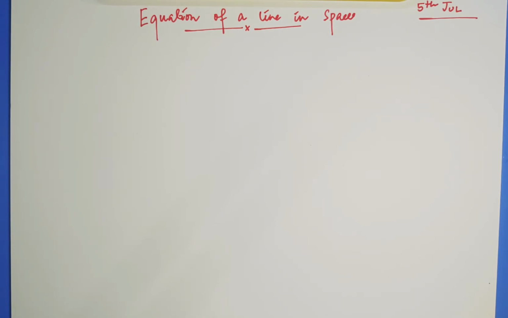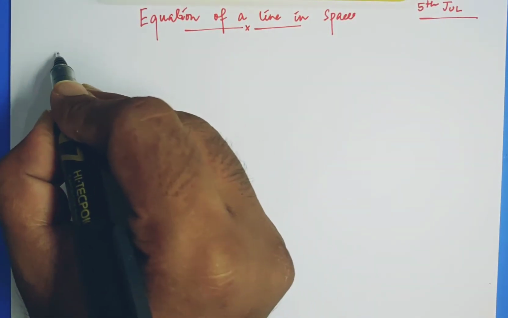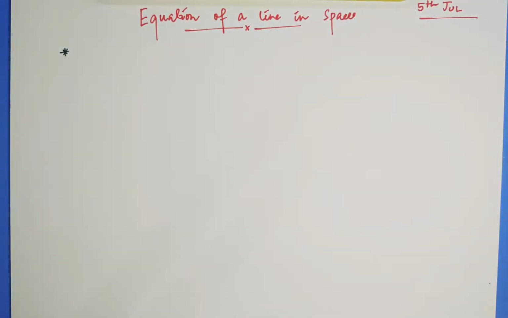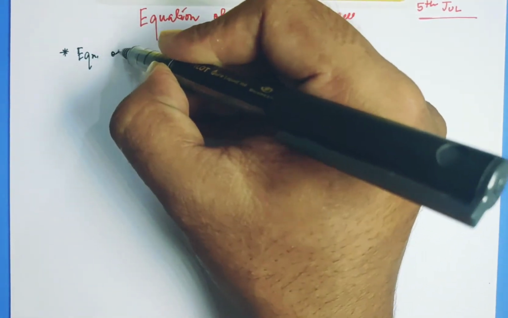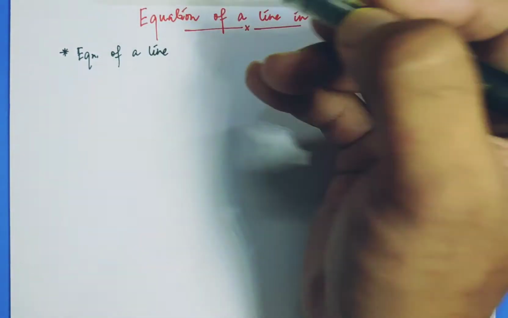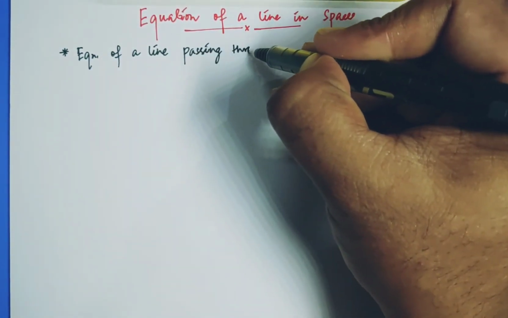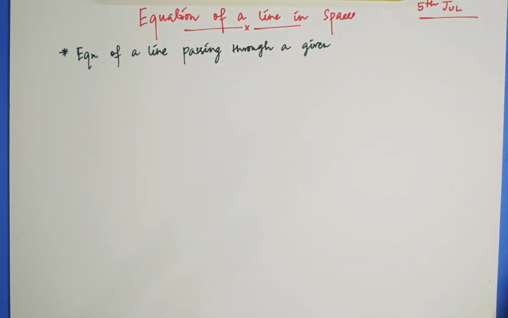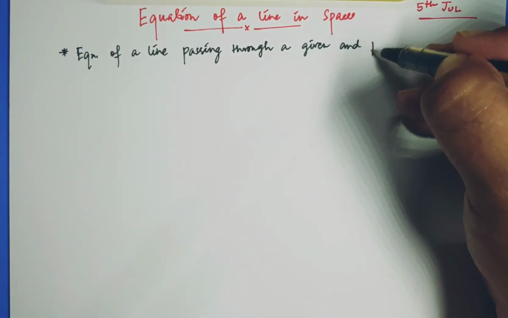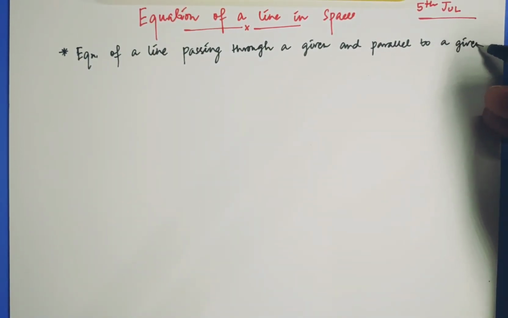Okay, the first thing we'll do is find the equation of a line when certain things are given. So what I will do is find the equation of a line passing through a given point and parallel to a given vector b.